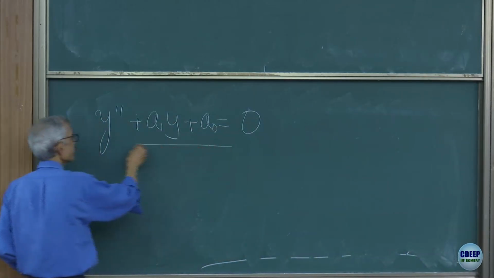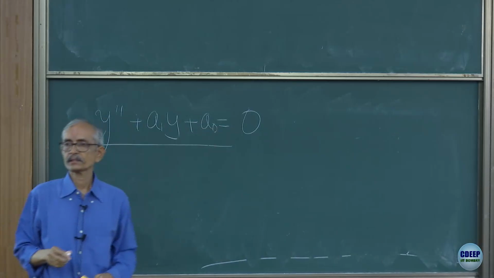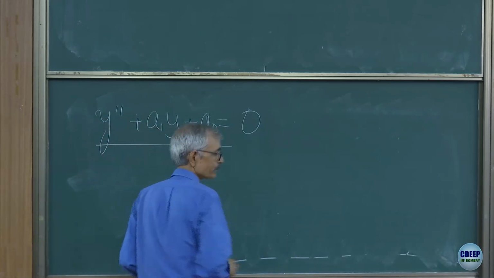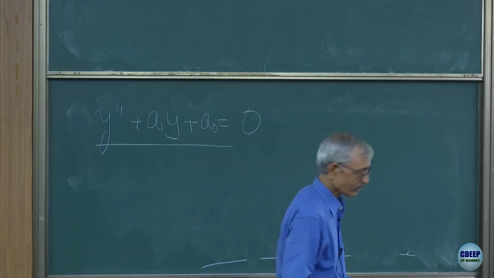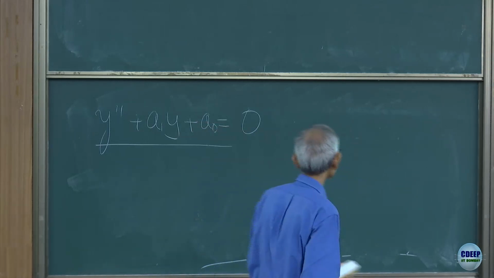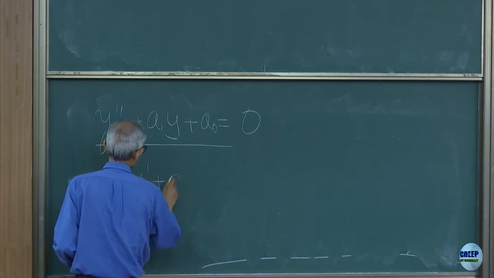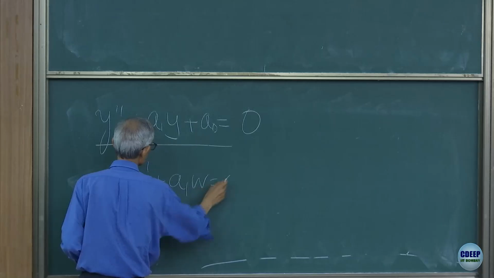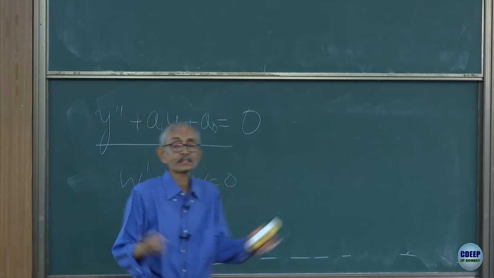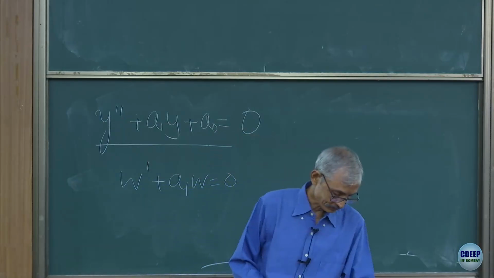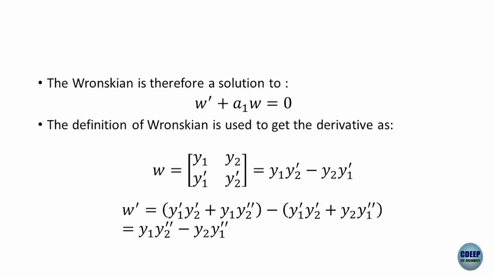If I have a differential equation like this, then the Wronskian satisfies W prime plus a1 W is equal to 0. So this was the theorem. We are not going to prove it, we are just going to demonstrate it.